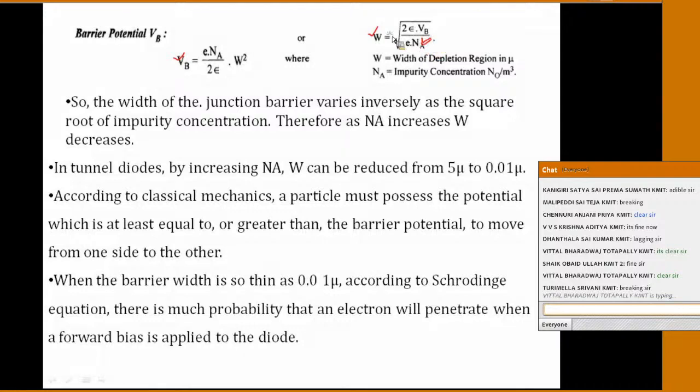If there is more doping concentration, the width of the depletion region is very, very less. If there is very low doping, the width of the depletion region is high.